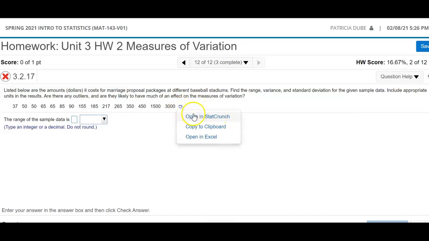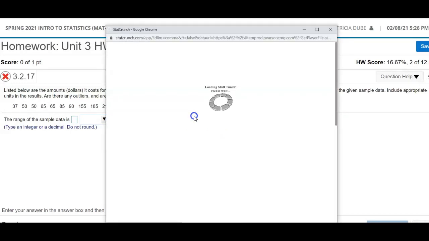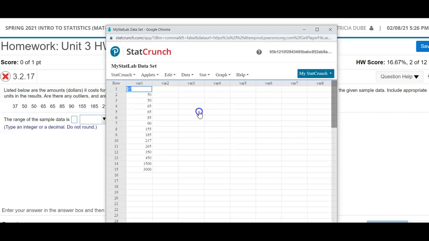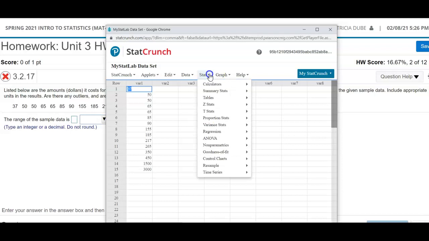I click on this box and I open in StatCrunch, and I get what looks like a spreadsheet. The first box is highlighted. This is column var1. I want to do a calculation on these statistics. So if I'm looking for the 5 numbers, standard deviation, range, median, mean, anything like that, it'll be in this Stat menu, and you do Summary Stats.